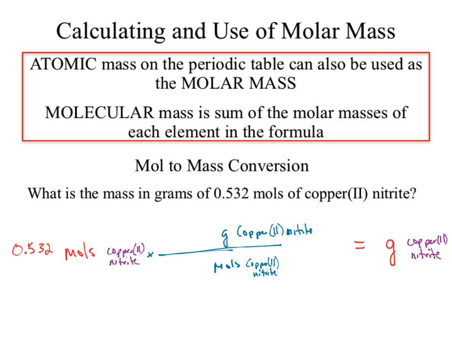So where do we find the relationship between the mass and the moles for a given substance? Mass and moles, molar mass. Where do I find the molar mass? The periodic table. On the periodic table, where does it show copper as a word?